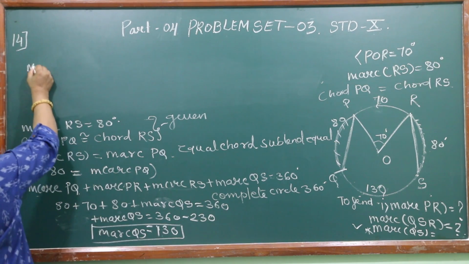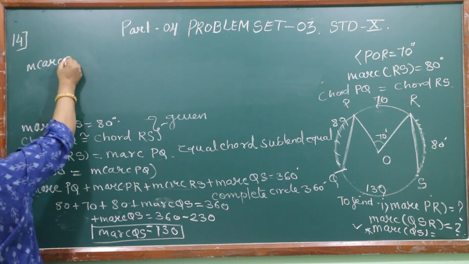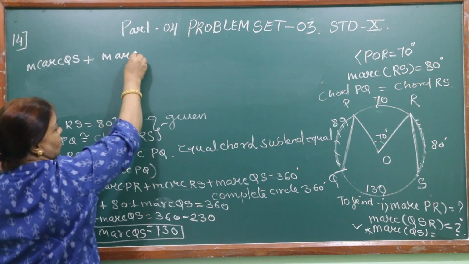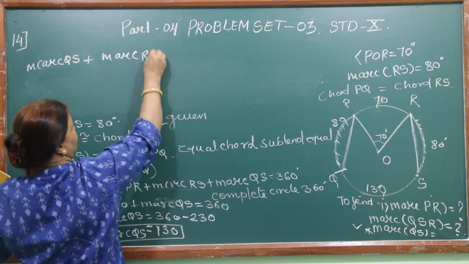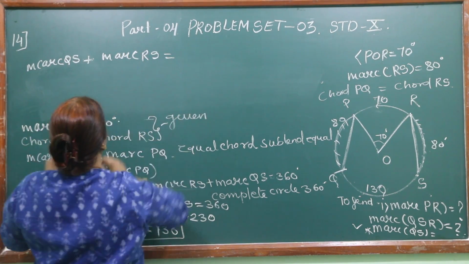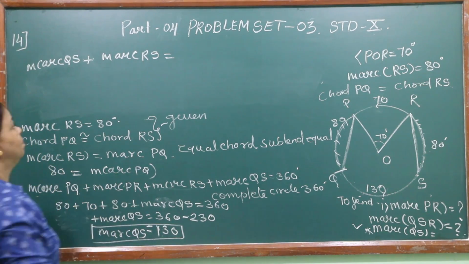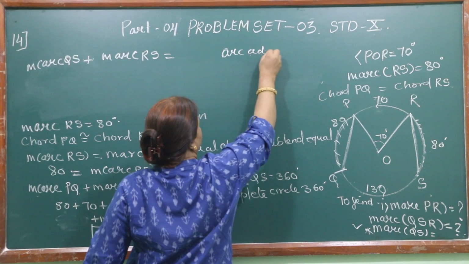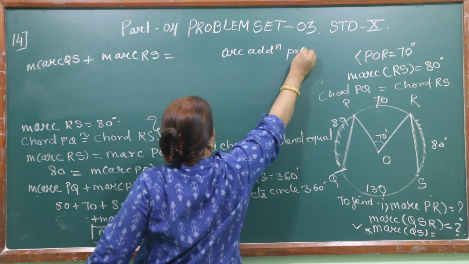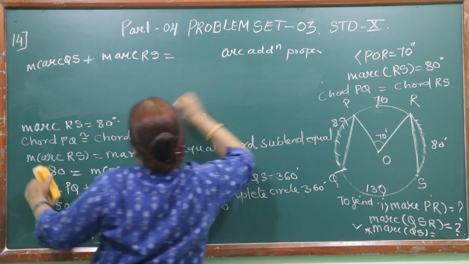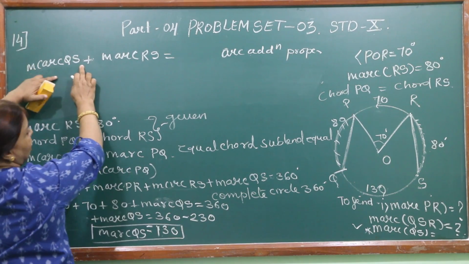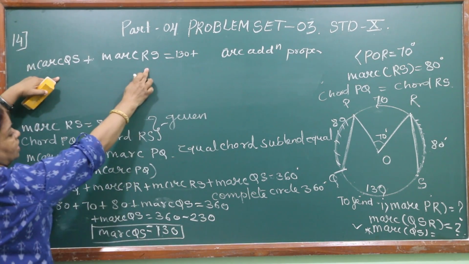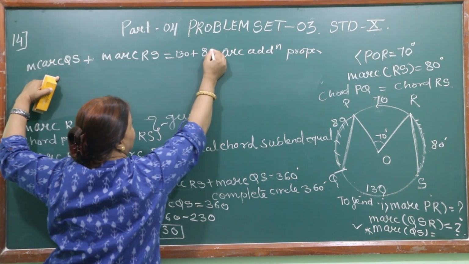So measure arc QS plus measure arc RS, we will be adding those arcs by the arc addition property, will be equal to how much? Measure arc QS is 130 plus measure arc RS is how much? 80.